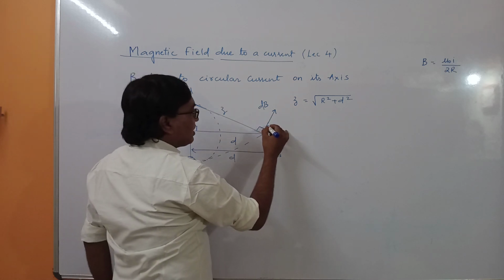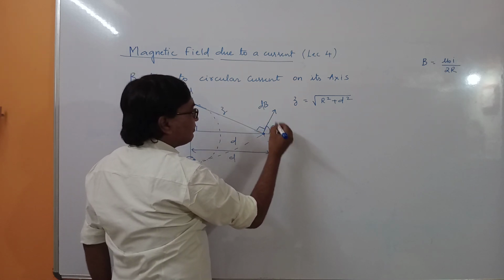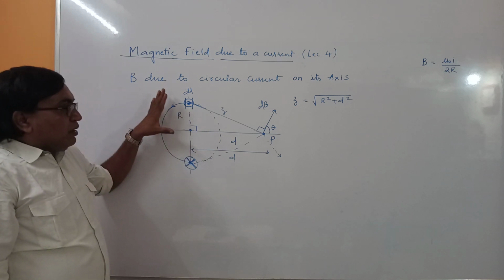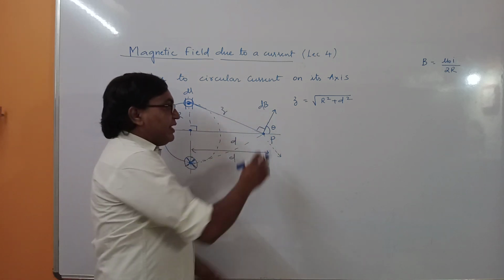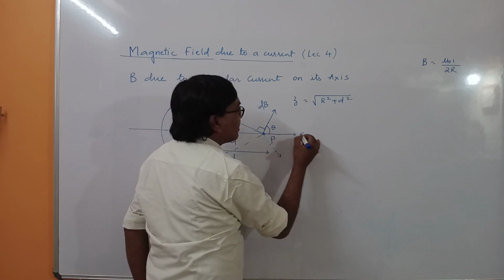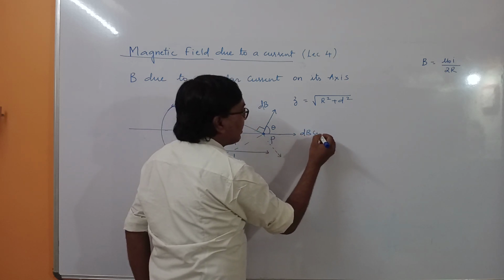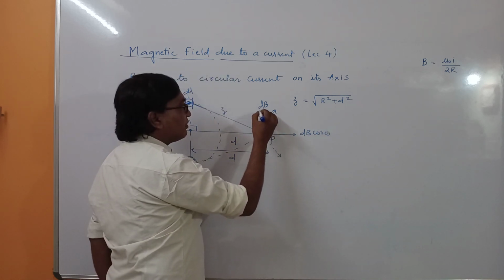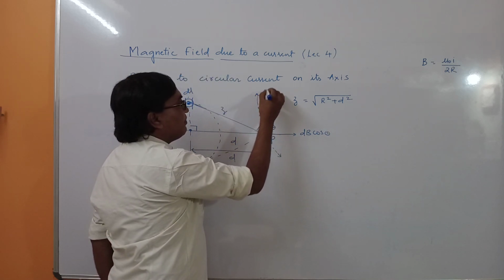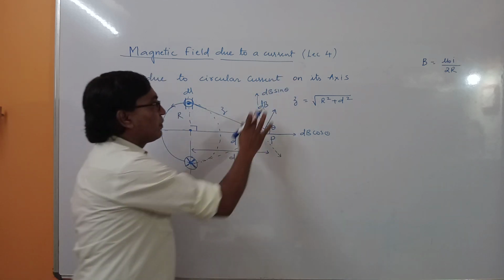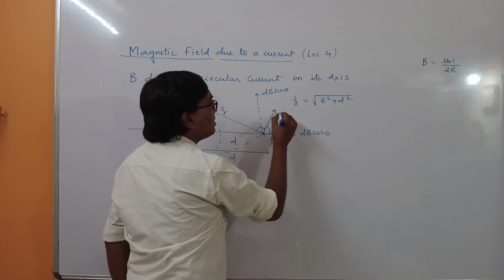Let us assume this angle to be theta. Now if you see, the magnetic field has two components. One is dB cos theta, and another component along this direction is dB sin theta. So this is dB.